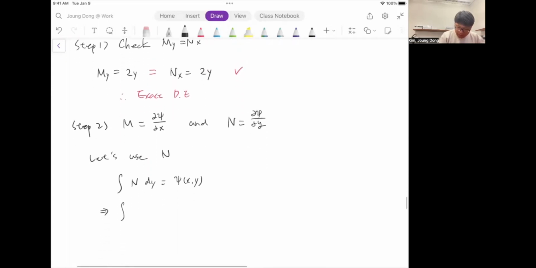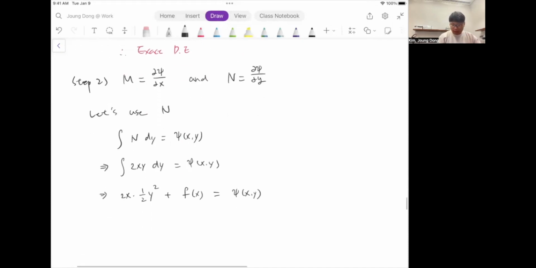There we go, 2xy. 2xy dy is my target function. Keep that in mind, don't get confused: this is not the product form, because we have to consider 2x as the coefficient. So it is 2x times 1/2 y squared and a constant. But keep in mind, this constant is not just a constant. It will be a constant and a function. That's why we have to write f of x here. That is equal to psi x, y.